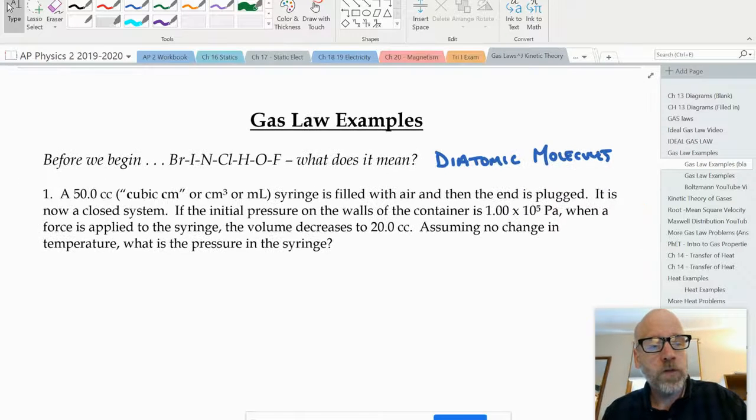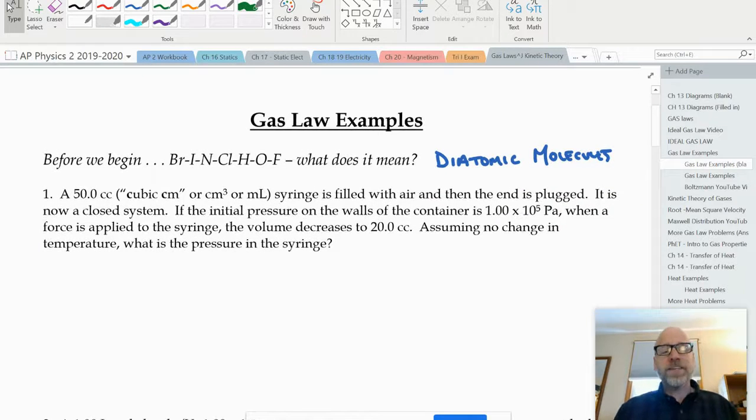Now, moving on. A 50 cc. cc stands for cubic centimeters, which is also equal to a milliliter. Syringe is filled with air and the end is plugged. It is now a closed system.